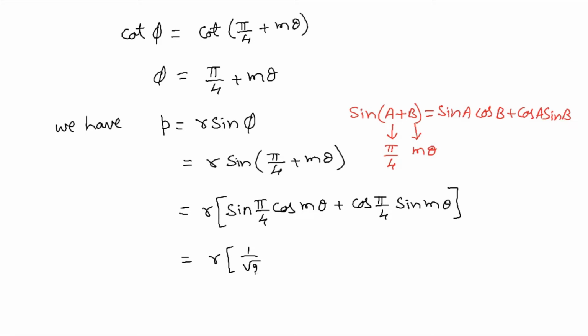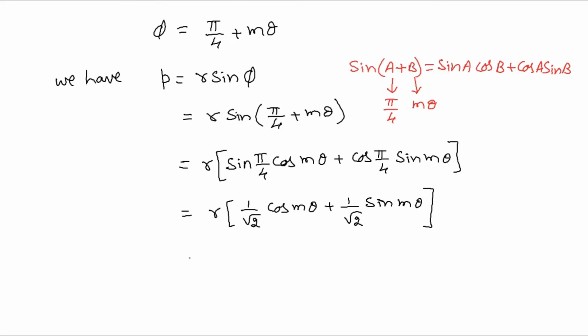There is 1 by root 2 into cos of m theta. And cos of pi by 4 or cos of 45 is also 1 by root 2 into sine of m theta. So 1 by root 2 is common. You can just take 1 by root 2 outside. You can write that as R by root of 2. So we are left with cos of m theta plus sine of m theta.